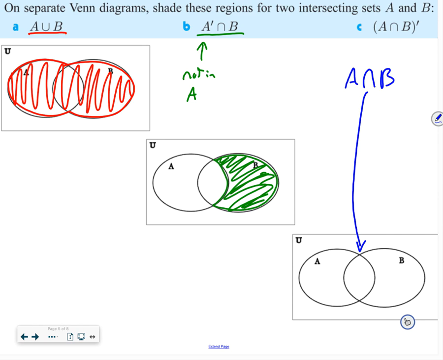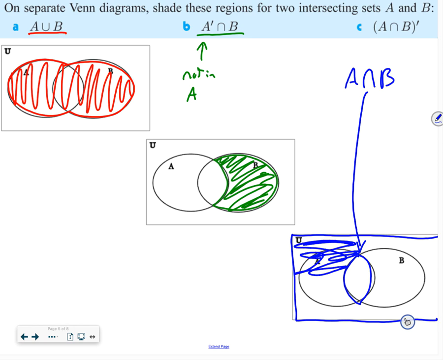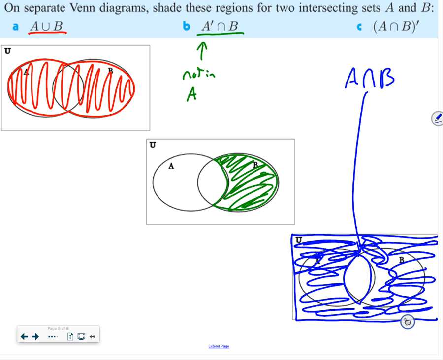So if I want everything that's not in the intersection, it's going to be everything else other than that intersection region. So we'd be just going to skirt around that ellipse there. So that is the complement of A intersect B.